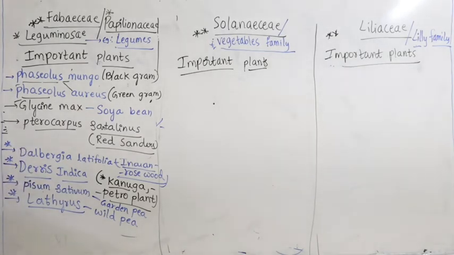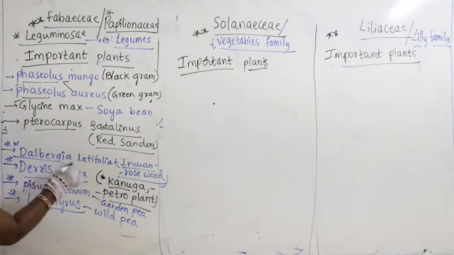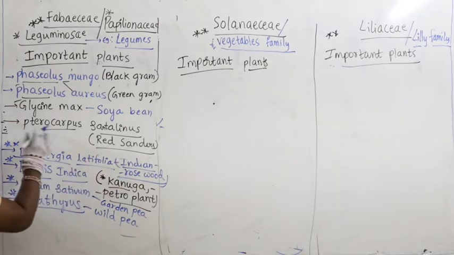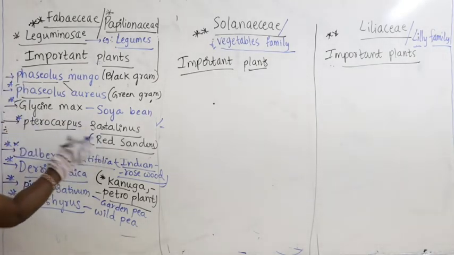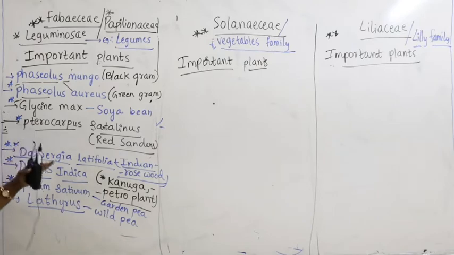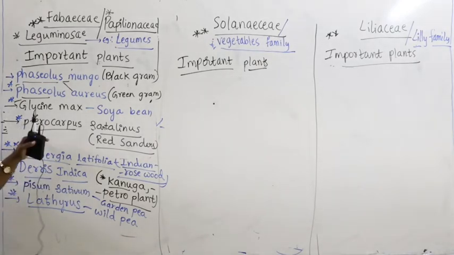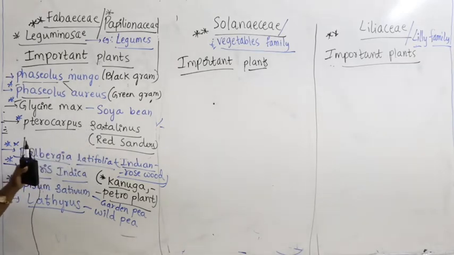Most of the people will confuse between this and this. Dalbergia latifolia means, remember, Indian rosewood. Pterocarpus santalinus means red sanders. So most of the people have confusion in this case. Make sure that you try to remember: Pterocarpus means red sanders, Dalbergia means Indian rosewood.